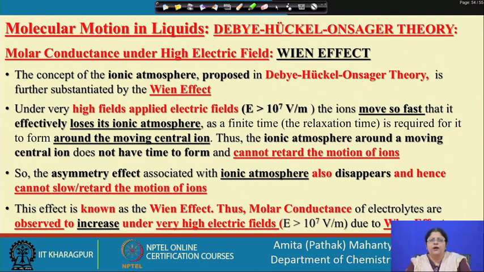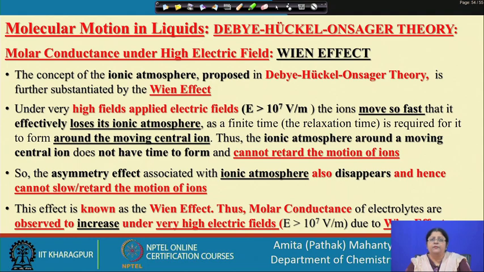This will be so fast that the time required for the formation of this ionic atmosphere will not be available to the ion. And if the ionic atmosphere is not available, then this ionic atmosphere is actually the root cause for having the retarding force to drag the ion back when it is under the influence of electric field.